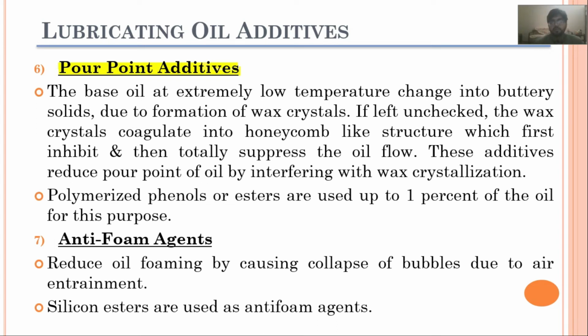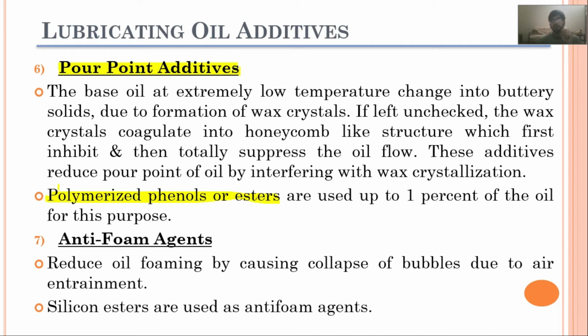The pour point of the lubrication oil should be low, and in order to achieve these low pour point temperatures, some additives are being incorporated. These additives are generally polymerized phenols or esters, and they are being used up to 1% of the oil.